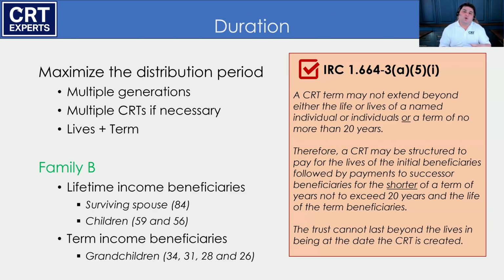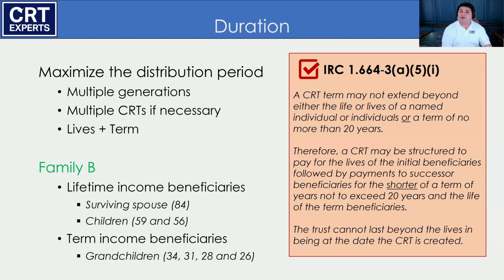When we're doing this, what we're up against is called the 10% remainder test. It's only a test we have to pass when we create the CRT, when we're setting the terms of the CRT. It's going to restrict the number and the age of people we can add to the trust and the payout rate. The test is on a present value basis per an IRS formula.